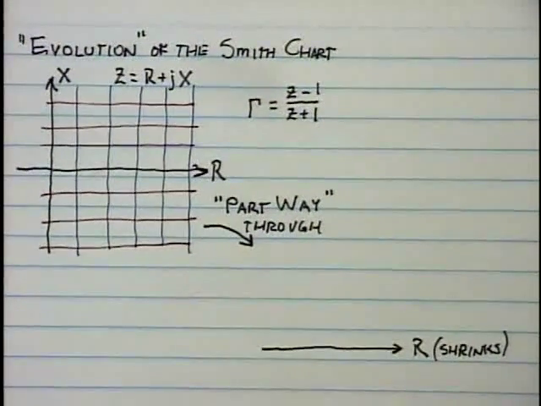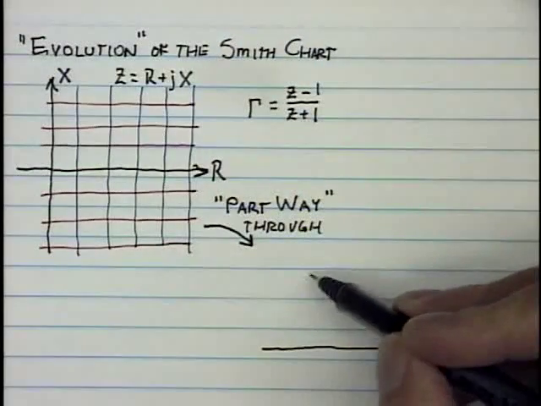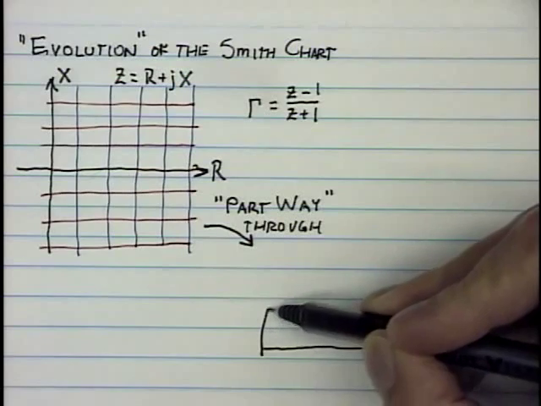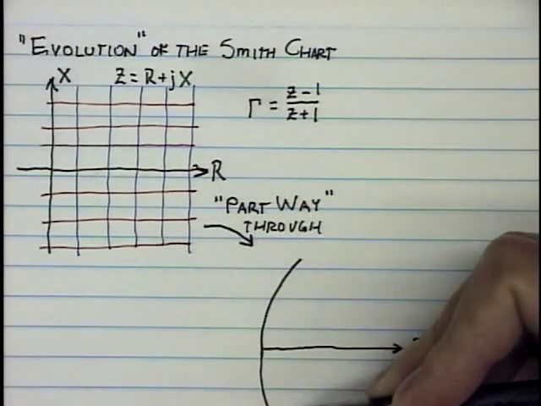I'll show you what I mean by a nonlinear fashion in just a second. The x-axis both shrinks and curves as it shrinks. It starts looking something like this.